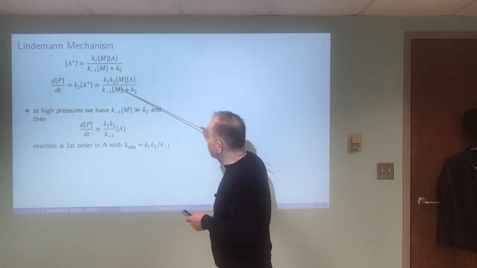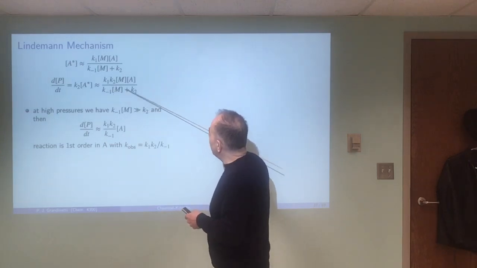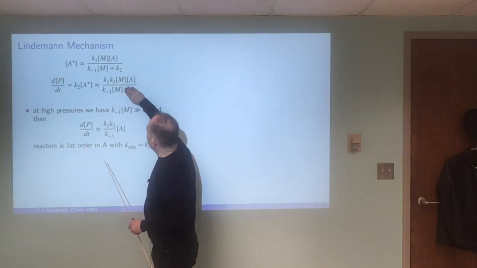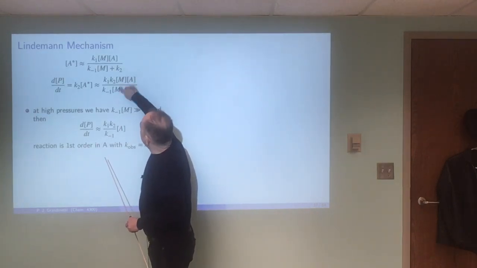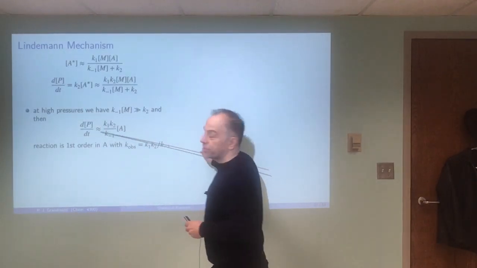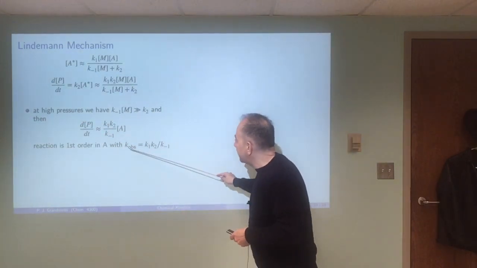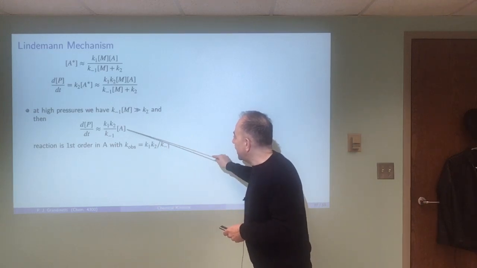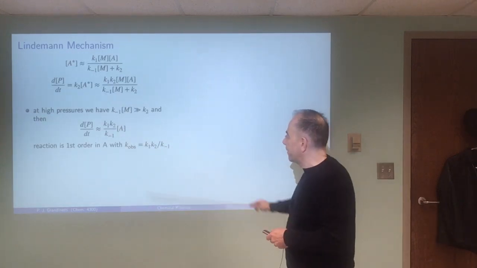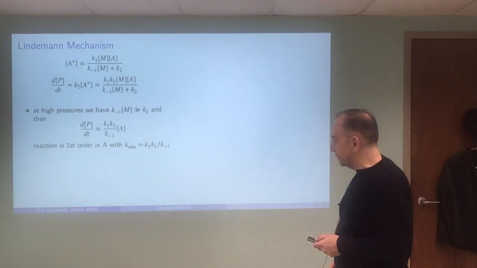If there's a lot of molecules for it to collide with, then this combination of k-1 times M is going to be larger than this k2 term. And if that's the case, if we can eliminate that k2 term, then you can see that the Ms are going to cancel, and we're going to end up with this equation here, which should look familiar from the last video. And we're going to recognize then that this reaction is going to be first order in A with a constant that's going to be given by this equilibrium constant times k2, or just k1 k2 over k-1.